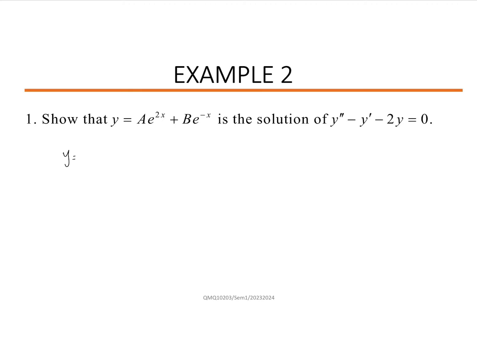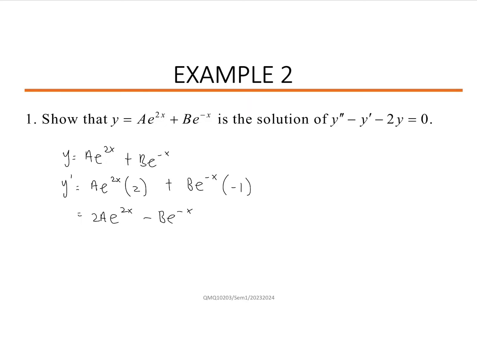We have y = a e^(2x) + b e^(-x). Differentiate the first time: a e^(2x) multiplied by the derivative of 2x, which is 2, plus b e^(-x) multiplied by the derivative of -x, which is -1, so we get y' = 2a e^(2x) - b e^(-x).